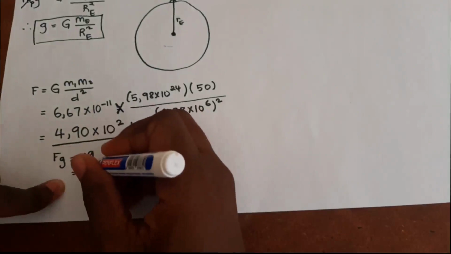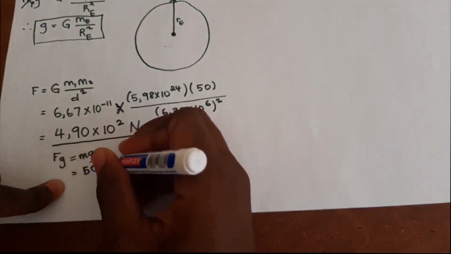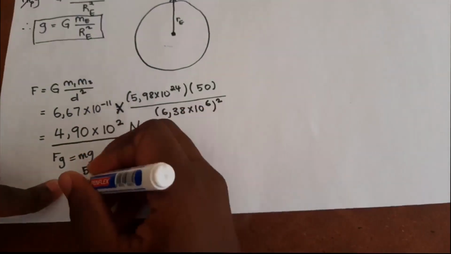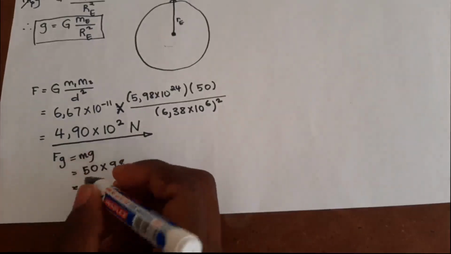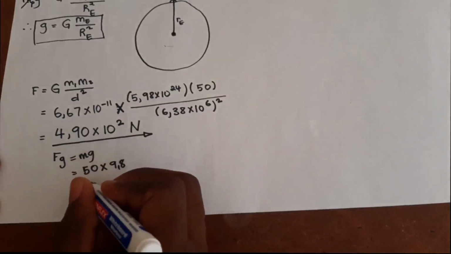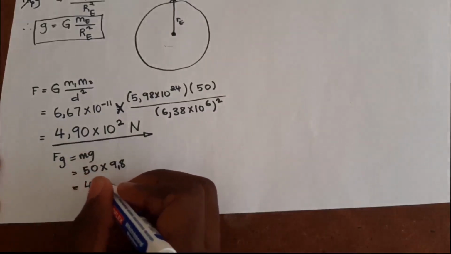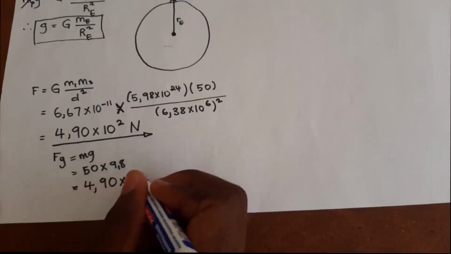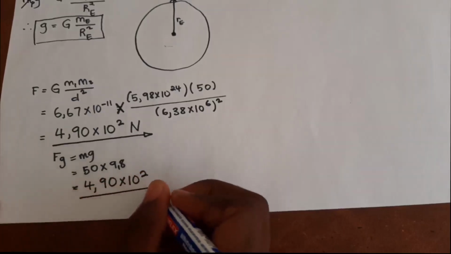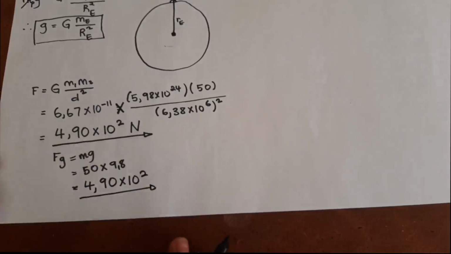So it's going to be 50 multiplied by 9,8, which is equal to what? 50 multiplied by 9,8 is equal to the very same thing. If your calculator is in scientific mode, it's going to give you the very same answer, 4,90 multiplied by 10 to the power of 2, and that's how it goes.